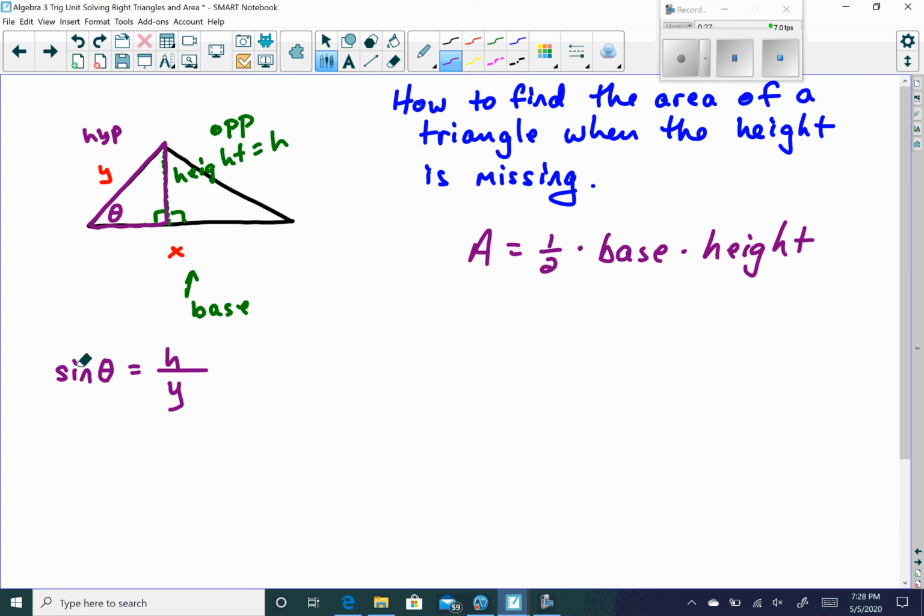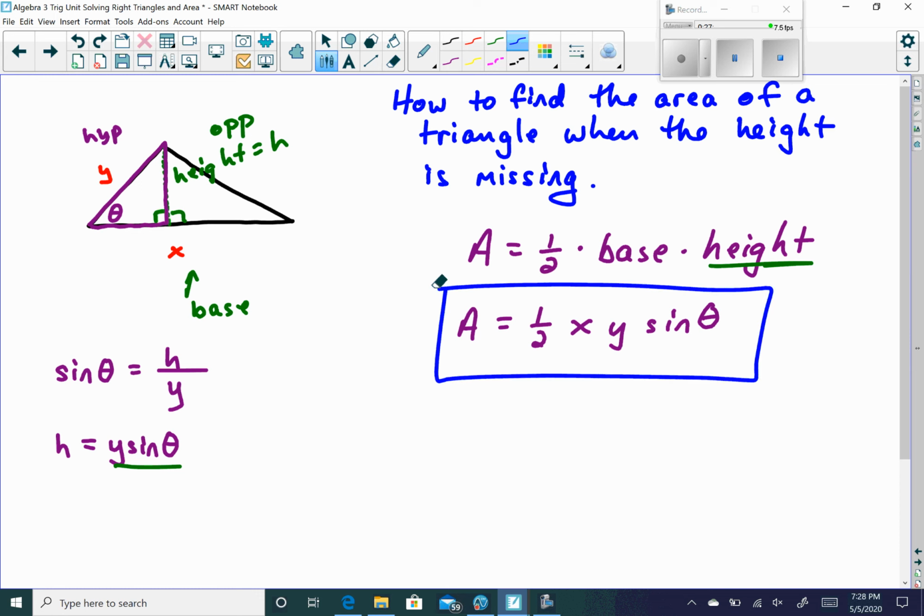All I have to do is multiply both sides by y. So h is going to equal y times sine theta. And that's what I'm going to substitute up here for my height. So my area formula now is 1/2 my base, which is x, times my height, which is y sine theta. So this is now a new formula for area of a triangle when the height's missing.